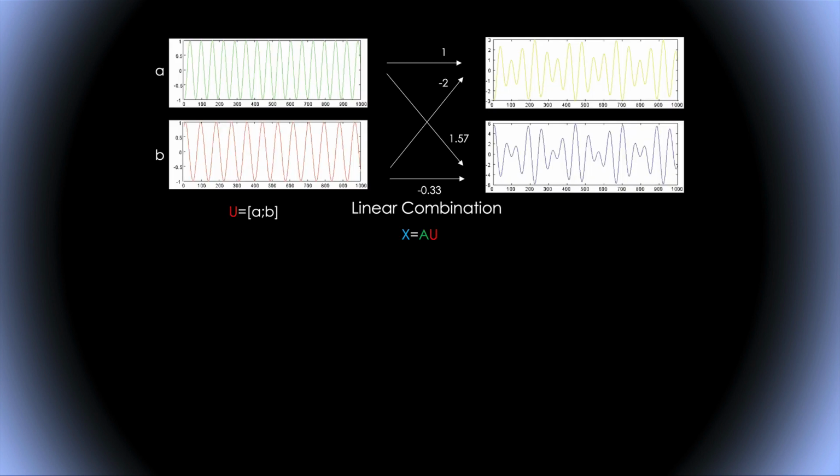But here is an example of 2 sources. So we have source A and source B, and then we have a linear mixture of these sources. So this is 1 times A minus twice B. This is 1.57 times A minus 0.33 times B. So these are the signals from the microphones, or these are the signals from the scalp channels we record, and we want to recover these sources.